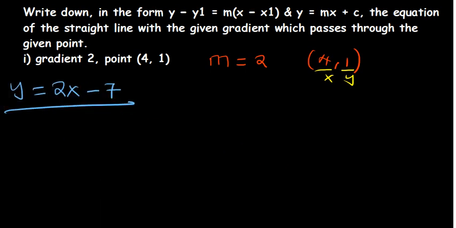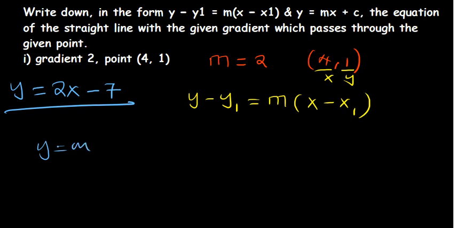So for the other way of doing it, y minus y1. I already told you how to remember this. Just write the same equation, y is equal to mx plus c, and then remove the c, and where there is y, you subtract y1, where there is x, subtract x1. You're done.